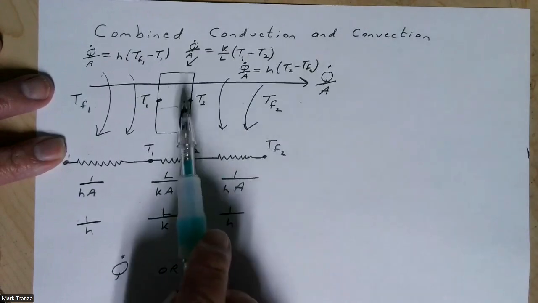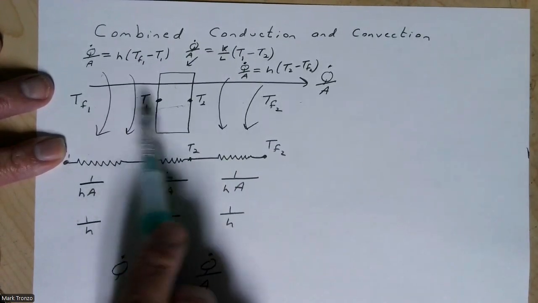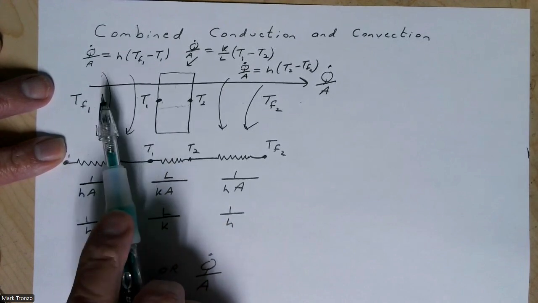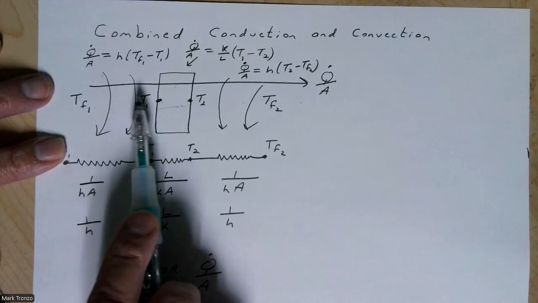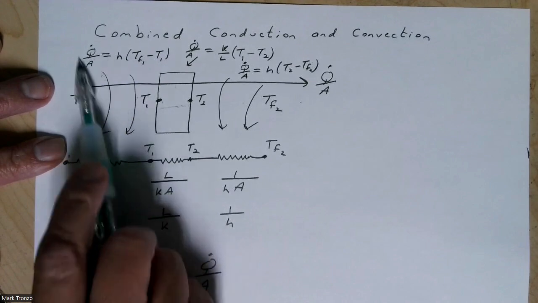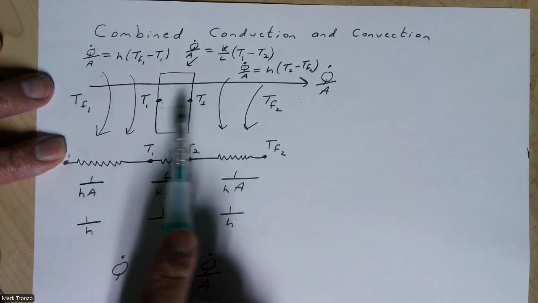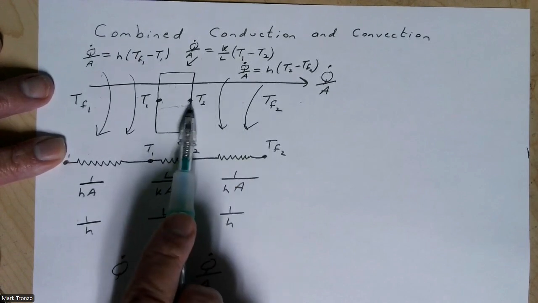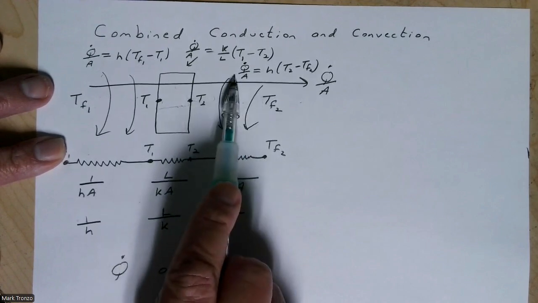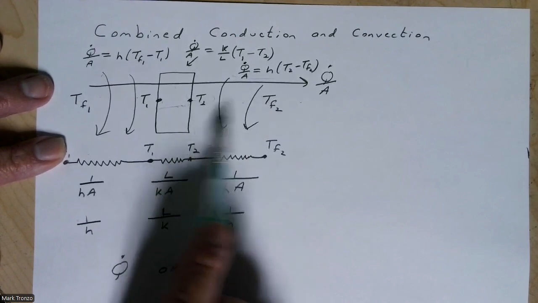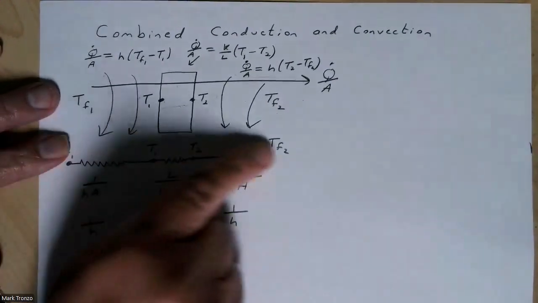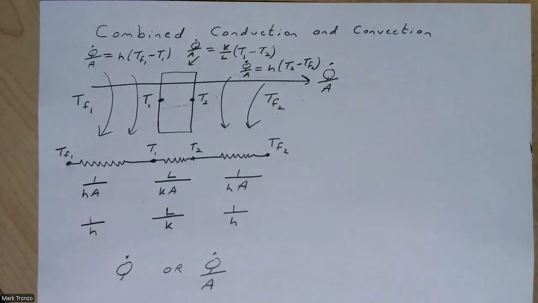So for example, maybe as I said, maybe you have these two temperatures, and of course you have to know this heat transfer coefficient. Then you can calculate the Q dot over A and use that in this equation to find this T2. Then when you find that, you can use this equation to find TF2. So that's a common strategy for solving problems like this.